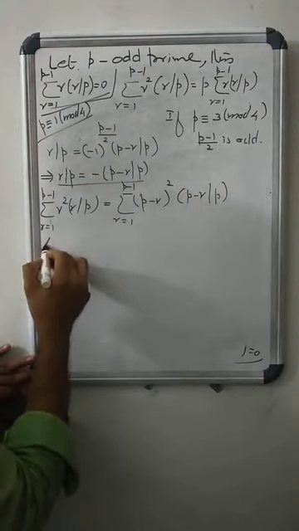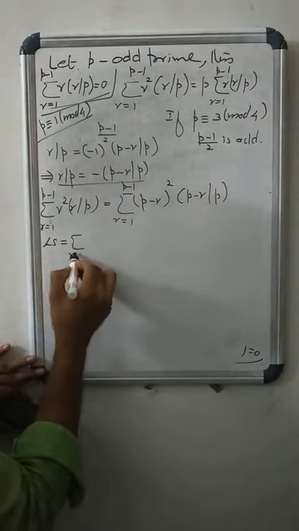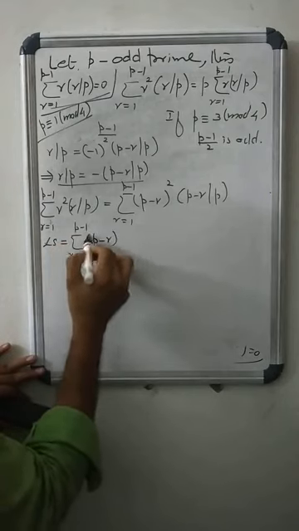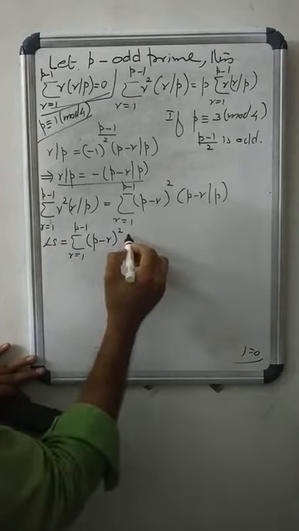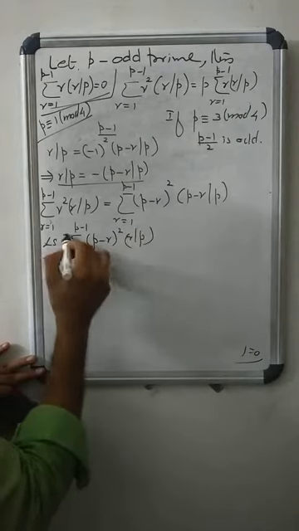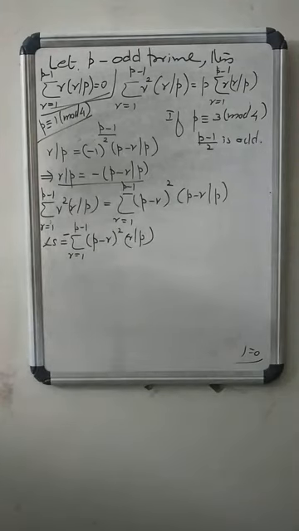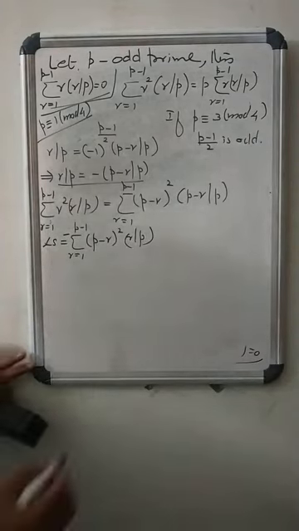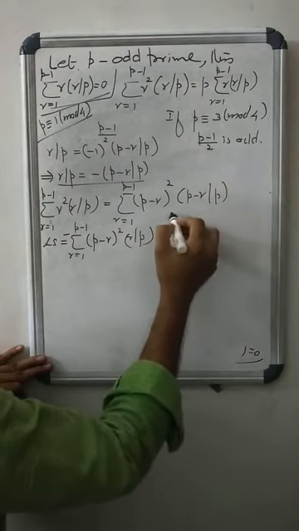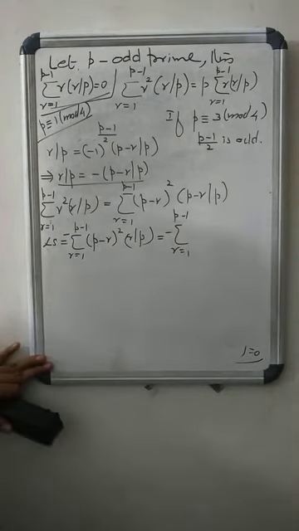So the left side equals sigma r ranges from 1 to p minus 1 of p minus r whole square into minus r by p. There is a negative sign outside of the sum. So that equals minus of sigma r ranges from 1 to p minus 1 of p minus r whole square into r by p.